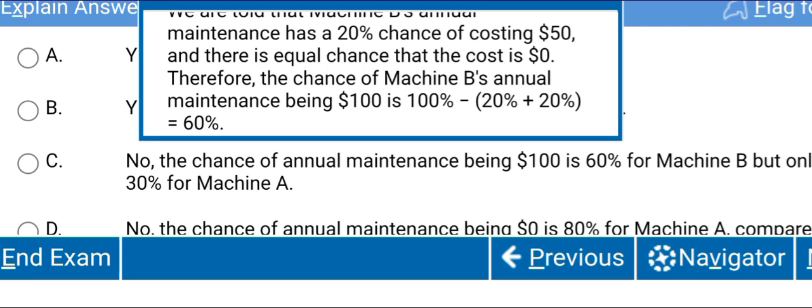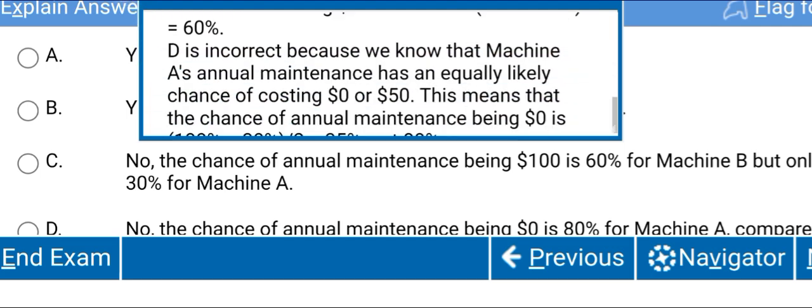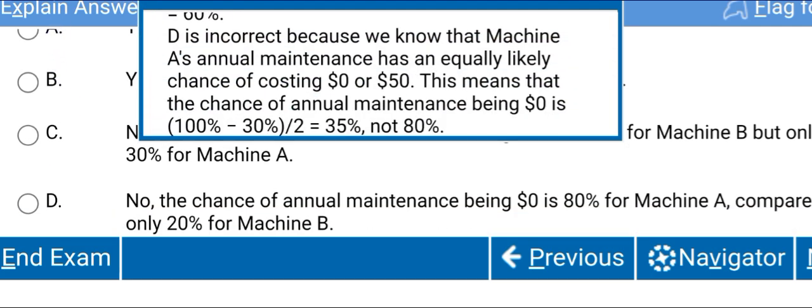Therefore, the chance of machine B's annual maintenance being $100 is 100% minus 20% plus 20%, which equals 60%. D is incorrect because we know that machine A's annual maintenance has an equally likely chance of costing $0 or $50.